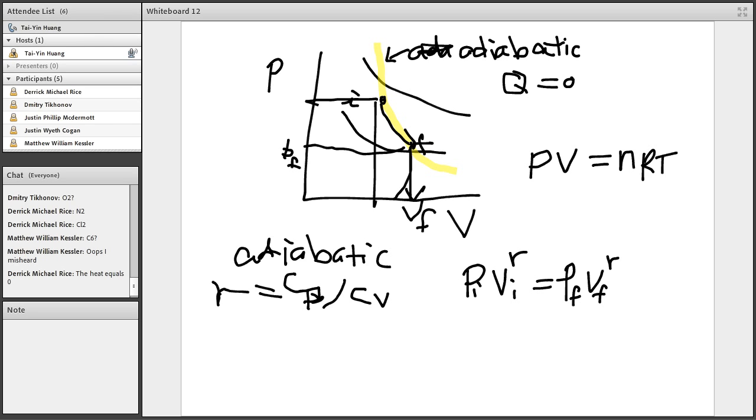Again, you can see that for different gases, your Cp and Cv values will be different. So what the gamma value is really depends on whether you're dealing with diatomic, monatomic, or polyatomic. Can you give me a gamma value for monatomic? If you're dealing with a monatomic gas, what will be your gamma value?